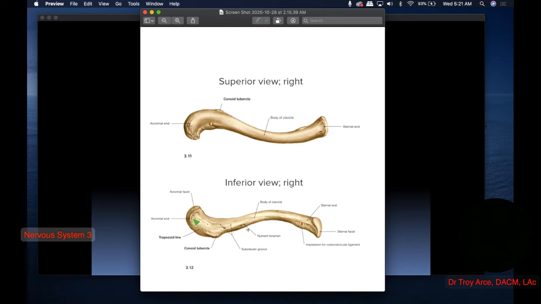And there's going to be some other attachment points in through here that you can see where the conoid tubercle is.